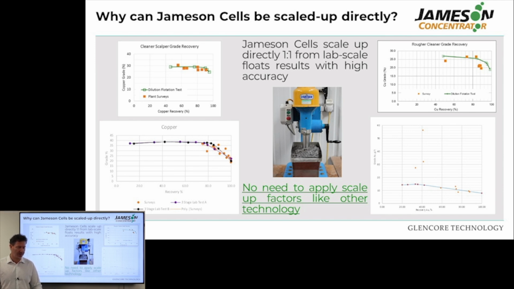So all these graphs are showing results of dilution flotation tests, and then plant surveys on a Jameson cell, which was later installed on site. So you can see they align very well, and there's no real gap or big variation. The results that we got from these dilution tests were very accurate, and we could reproduce that on a full scale.